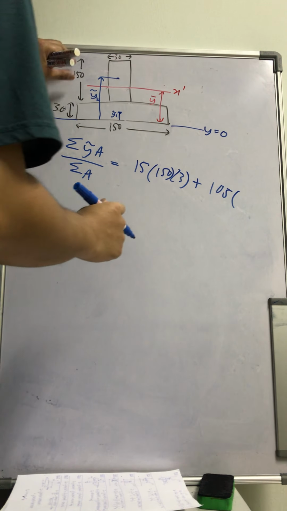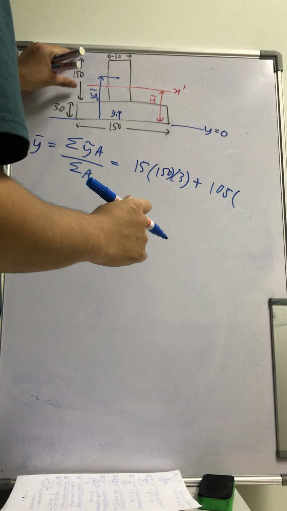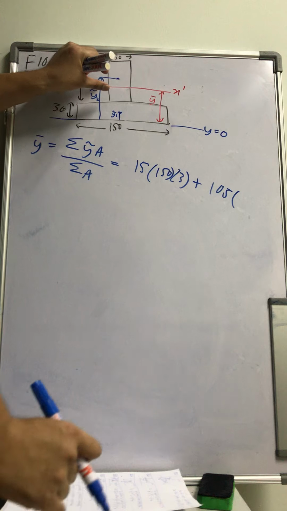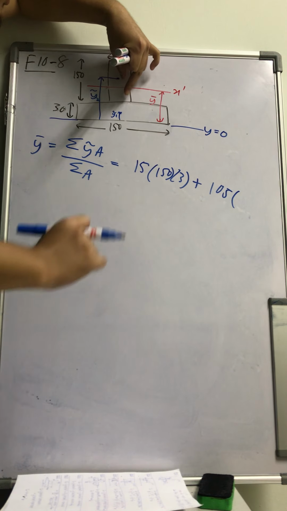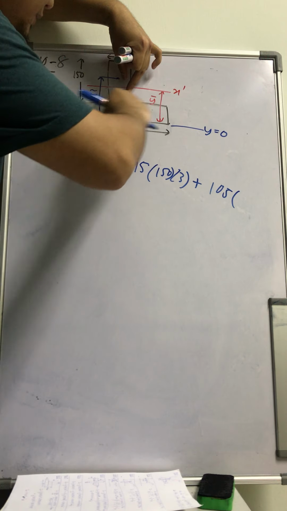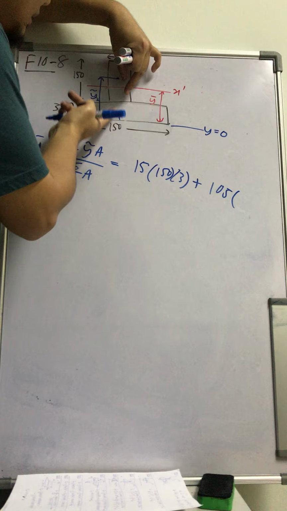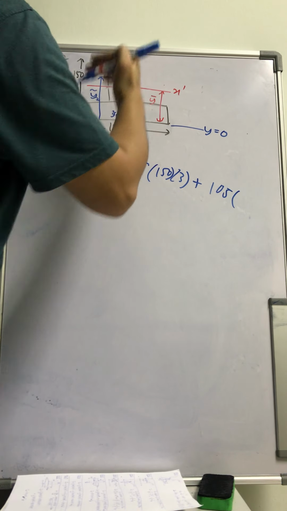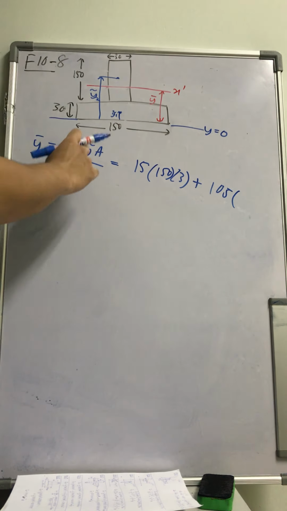The centroid here for the second area is half of 150, in the middle. But this one is not 75, you need to measure it from this reference axis, y equals to 0, so you need to add 30. 30 plus 75, because it is measured from here, it is 105. This is y tilde for 2.